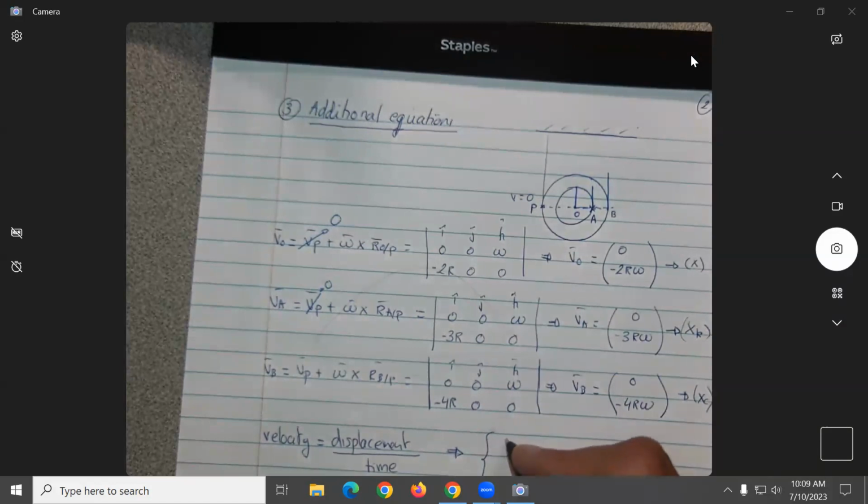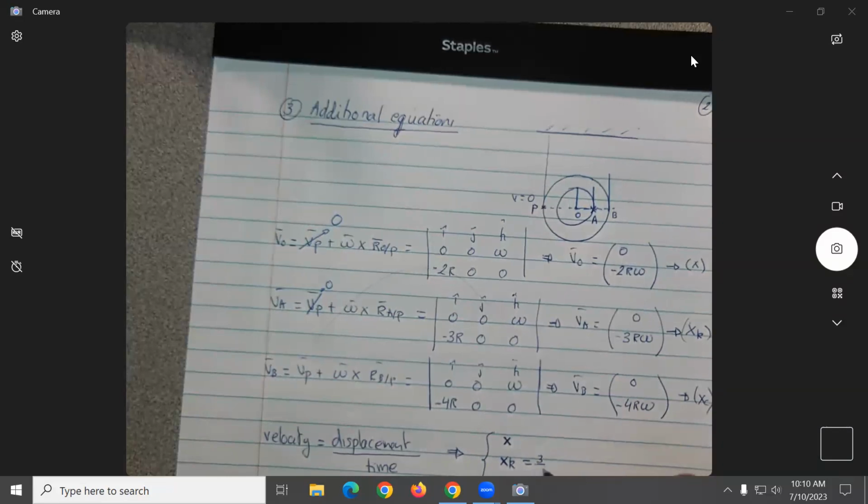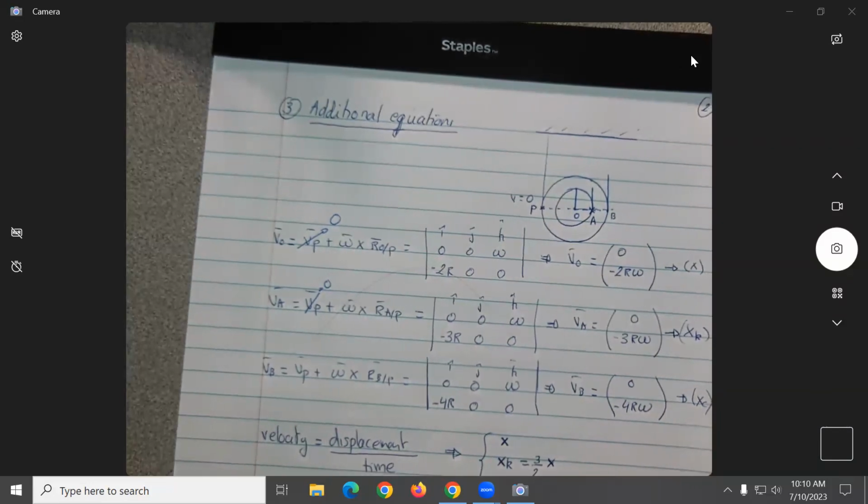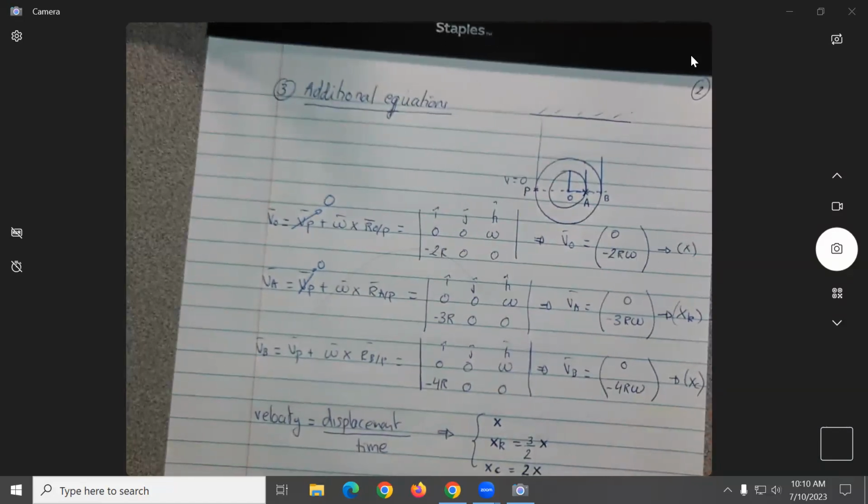So when this is X, XK will be moving how many times X? You can divide everything by 2, no? So this one should be moving 3.5X? No, 1.5X, because omega R is the same thing, no? And X sub C will be what? Which will be 2X, no? Correct? Do you understand what I've done over here? Okay.